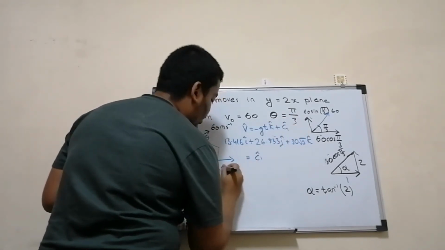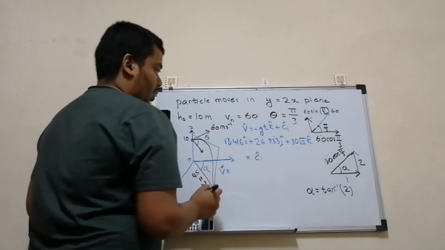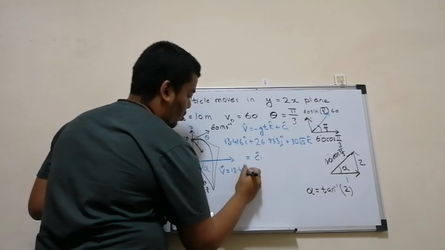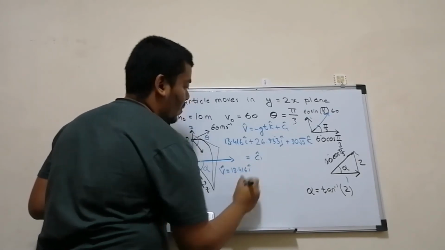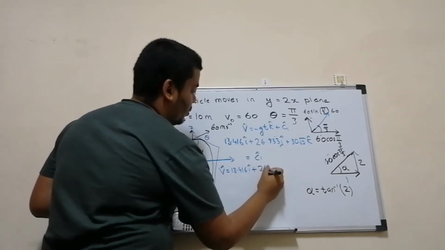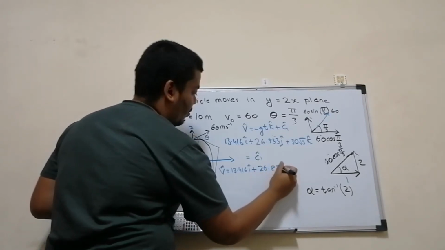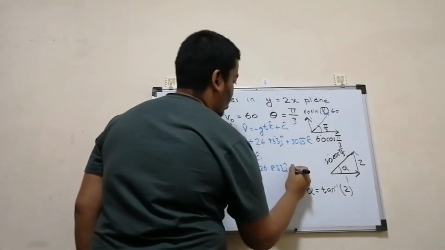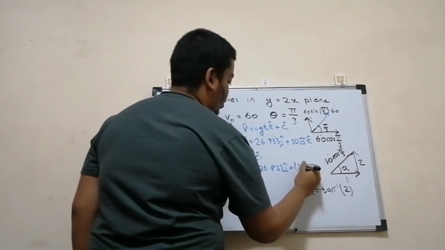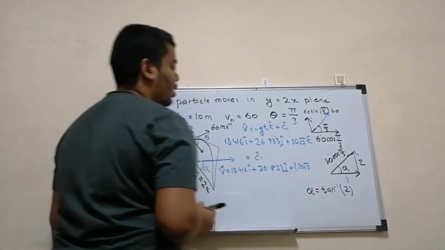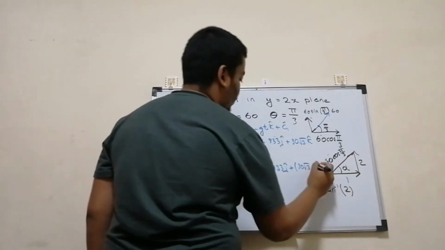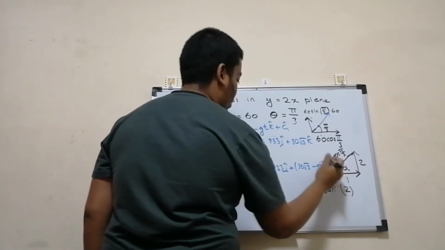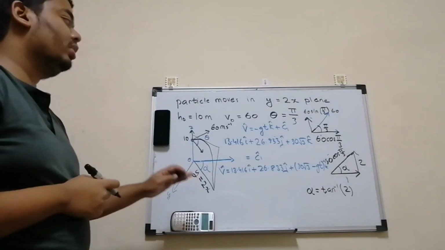The final velocity vector is given by 13.416 I plus 26.833 J plus 30 square root 3 minus GT K. This is our final velocity vector.